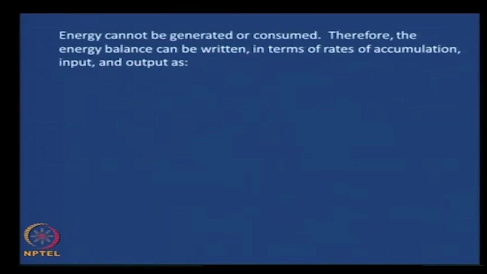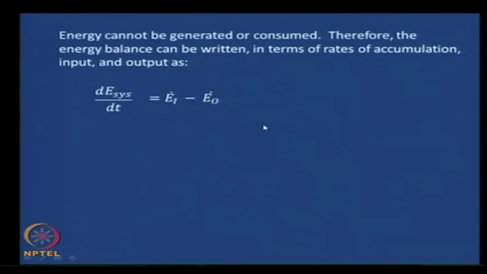The energy balance, written in terms of rates of accumulation, input and output, those are the other three remaining terms in a balance apart from generation or consumption, can be written as this: d/dt of the energy of the system, note that is the total energy of the system, equals the rate of energy input into the system, EI dot, minus the rate of energy output from the system, EO dot.